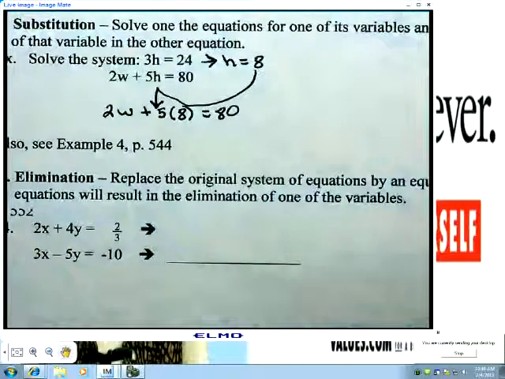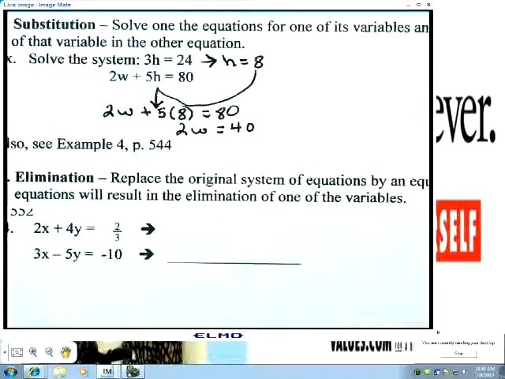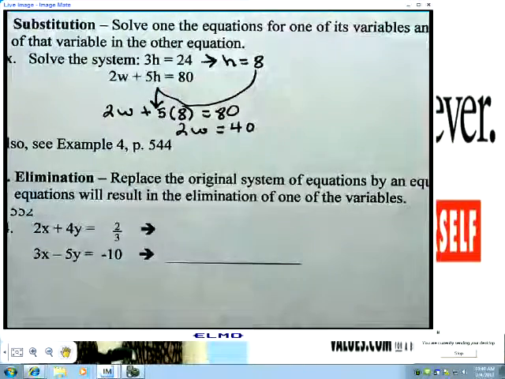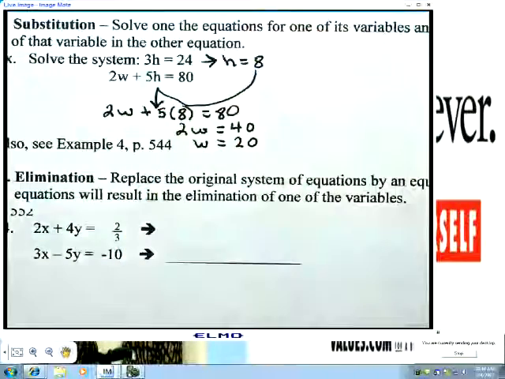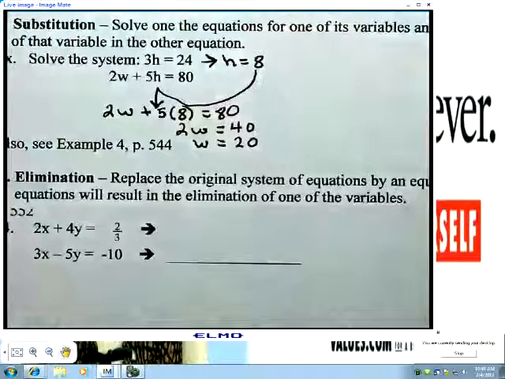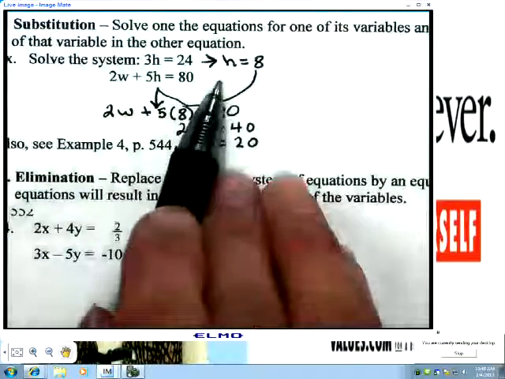If I subtract 40 from both sides, I just have 2w equals 40. And then divide both sides by 2, and I have w equals 20. So that system was pretty easy to solve because this first equation only had one variable in it.